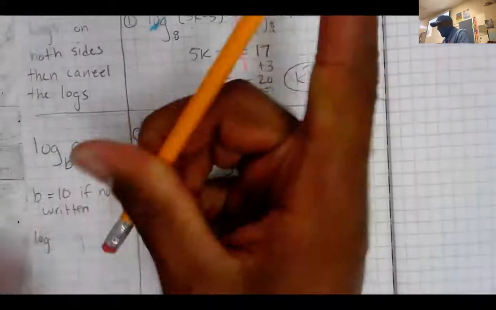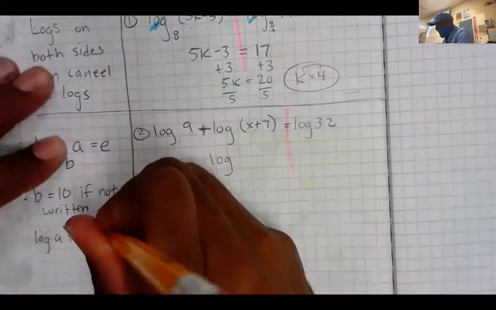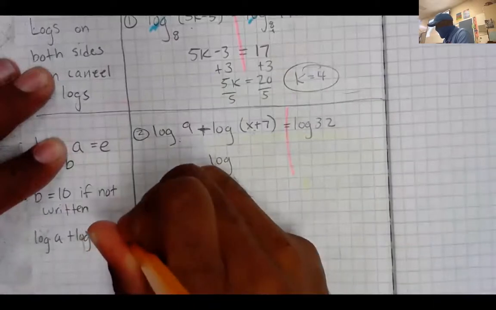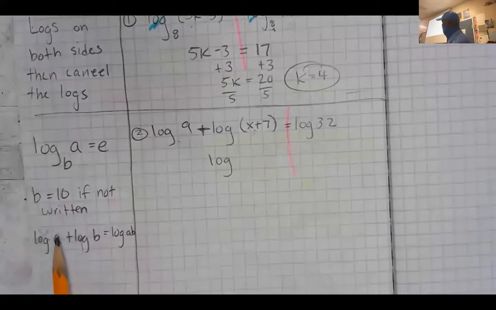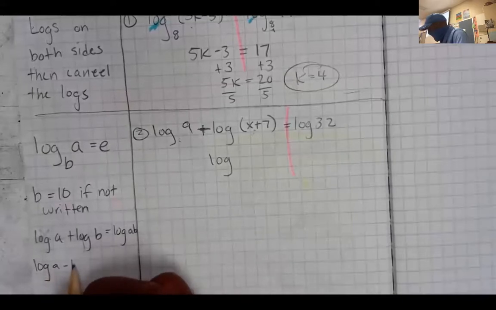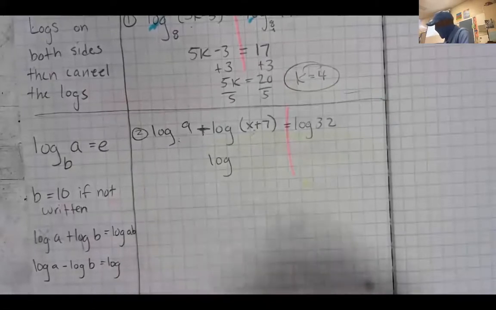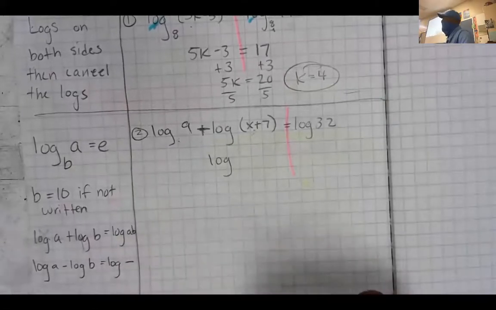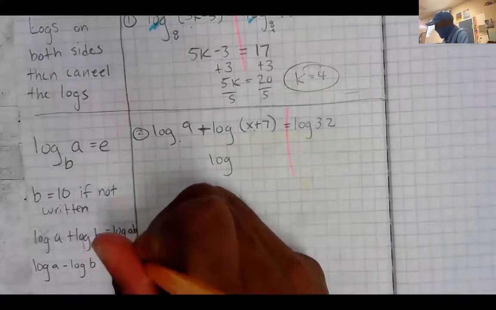Let's do log of A plus log of B. This is equal to log of A times B. So basically what you do is you take the first A value and the second one and you multiply them. Now, if it's minus, let's say log of A minus log of B, you guys know what we do there? Right, and which one goes on top of the fraction, the A or the B? A. Right, the first one.